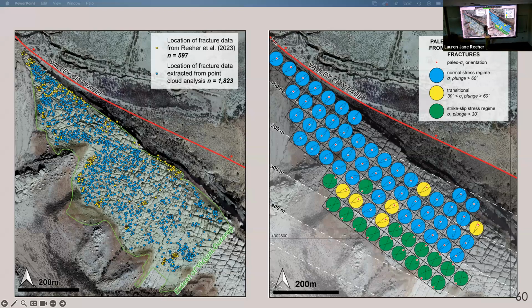Based on that, this diagram shows in blue a normal stress regime, in green a strike slip stress regime, and in yellow kind of a mixed result. So you can see that the trend holds up: once we get to about 300 or so meters from that fault, we see a change from normal to strike slip.